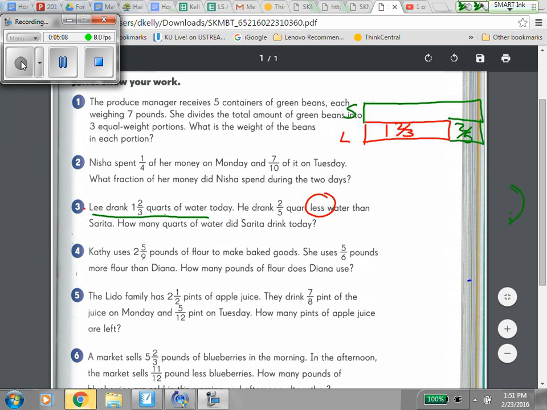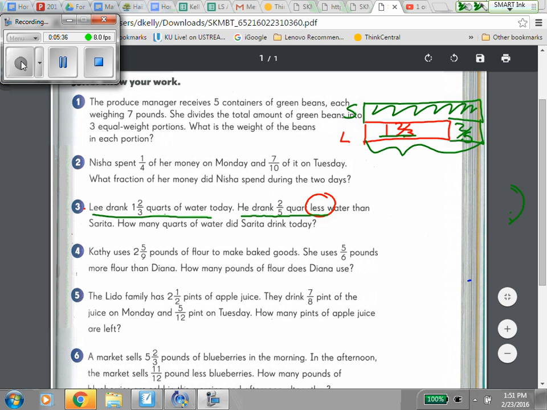Lee drank 1 2/3 quarts of water today. And he drank 2/5 quarts less water than Sarita, which means Sarita drank more water than he did, and 2/5 more, because it's telling us he drank 2/5 less. It sounds confusing. All right, so with this information, 1 2/3 and 2/5, I'm able to figure out how much water Sarita drank.